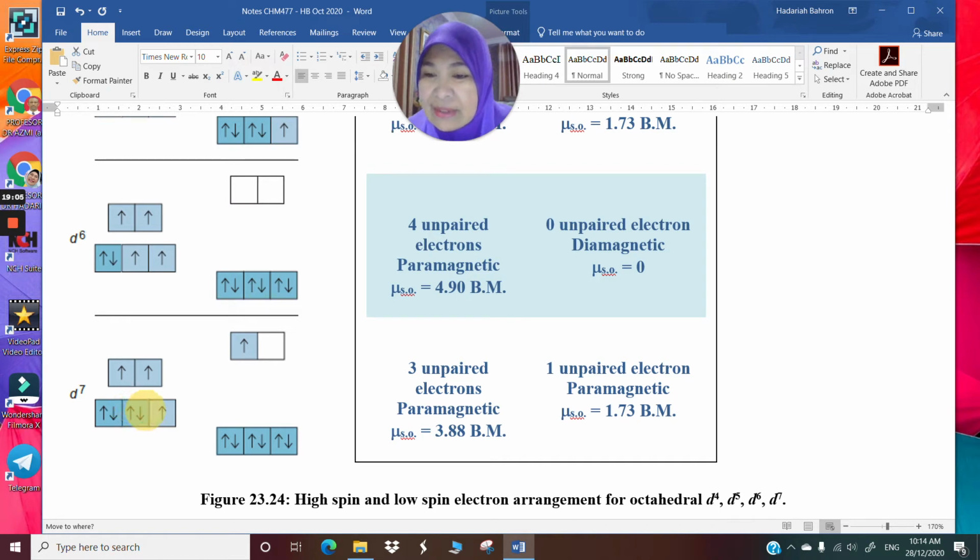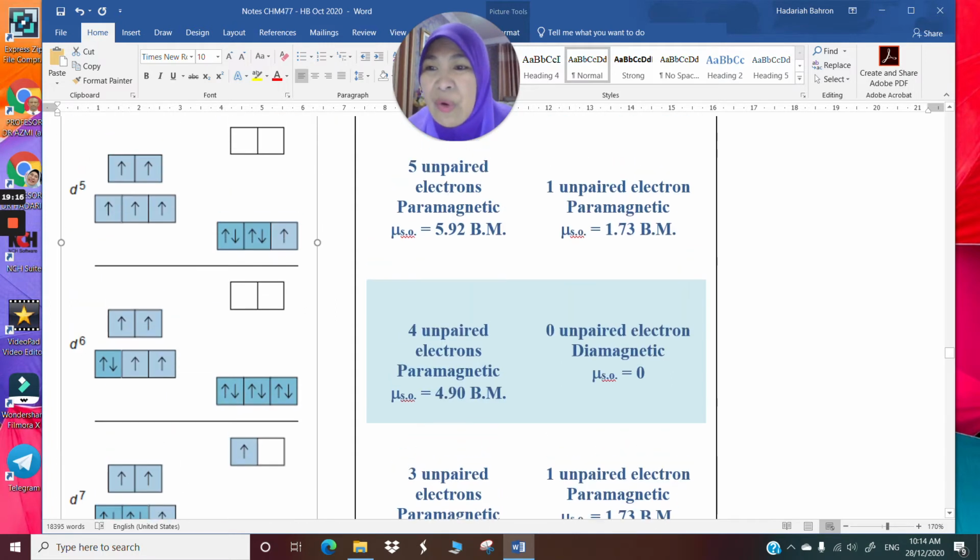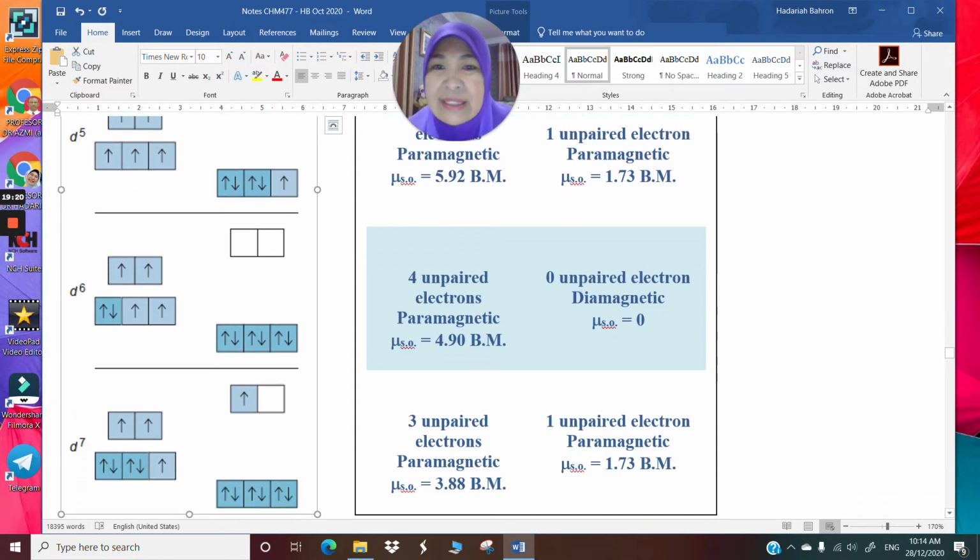And D7, for low spin, you have 3 unpaired electrons. And for high spin, you have 1 unpaired electron. So only for D4, D5, D6, and D7 metals will show difference in paramagnetism for the low spin complex and the high spin complex.